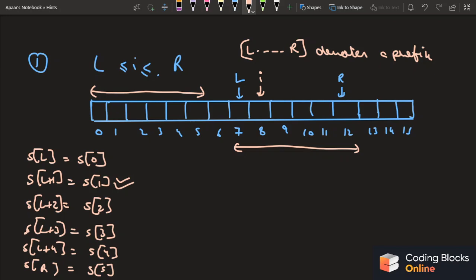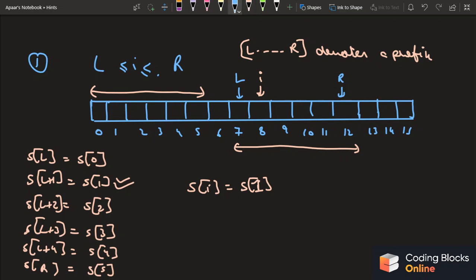Okay, so right now I have this thing that Si equals S1, if my i is at L plus 1. So both of these characters match, right? Now, guys, tell me one thing.